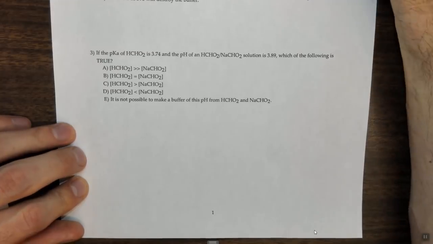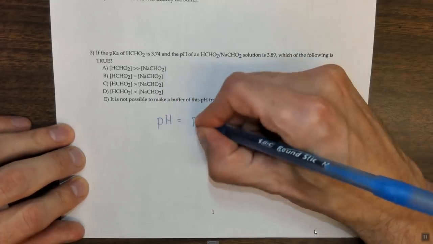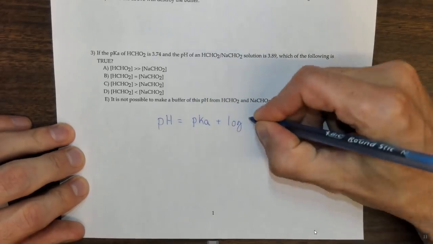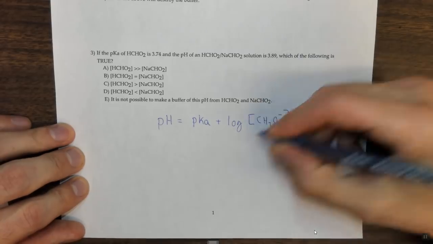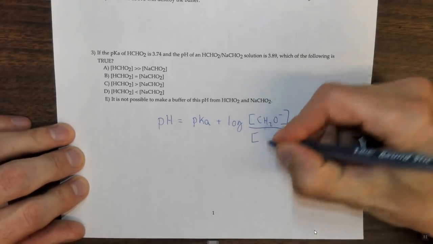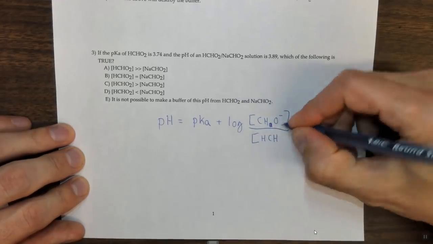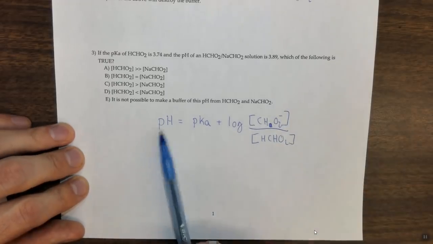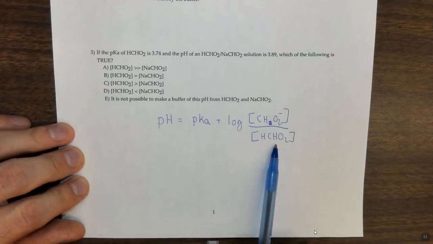Well, there's several things that we can look at here, but I'm going to write out the Henderson-Hasselbalch equation. pH equals pKa plus log, in this case, concentration of CHO2 minus over concentration of HCHO2. It's pH equals the pKa plus the log of conjugate base over weak acid.